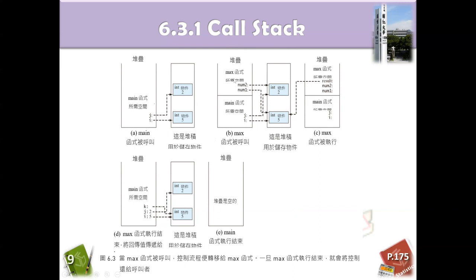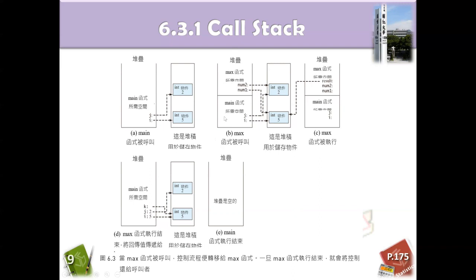If the max does not finish, then the main function cannot get control. Until the called function is finished, it will give the control back to the caller.